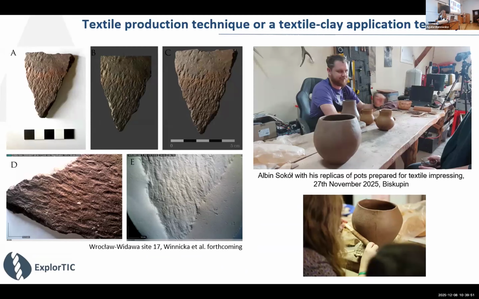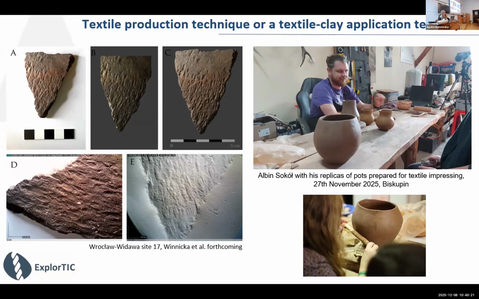And now we are coming to this problem of recognizing textile production technique or textile clay application technique. It's illustrated by the fragment from Wrocław Widawa, site 17 again. We know that this type of decoration, or maybe not even a decoration, this type of pottery treatment, has probably some aesthetic value, but let's call it a pottery treatment type, and it was quite popular in Poland.